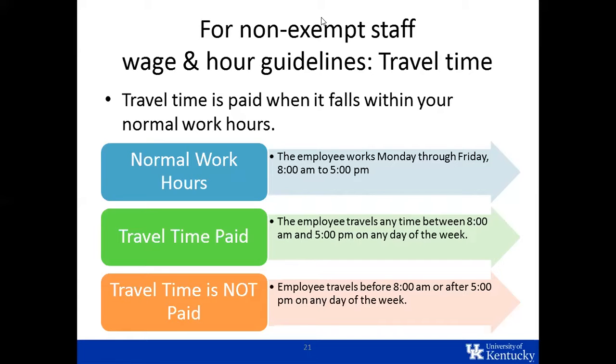So if you wanted to go to a conference that started Monday evening, but you wanted to get there early enough so that you can get yourself settled, get yourself prepared, and then be ready to go, and so you left Monday at 8 a.m. to fly. If you're flying between the hours of 8 and 5, then it is considered work time.